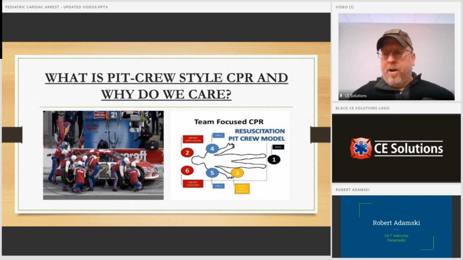All right. So the third and final point, which is equally important, is you need to have closed loop communication when you're doing pit crew style CPR. What do I mean by closed loop communication?